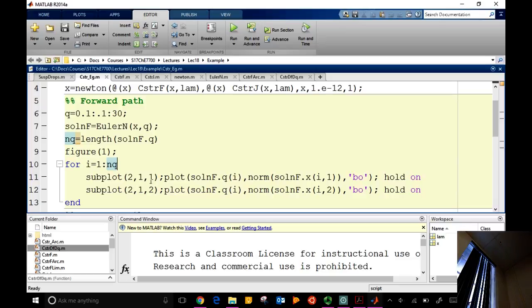So let me just run this through. And what would you expect before you run? Do you have an expectation of how that curve will look like? It's not an easy question to answer, because you don't know. Chemical engineers in reaction engineering may think about it and say, well, if I'm increasing the flow rate, what am I doing?